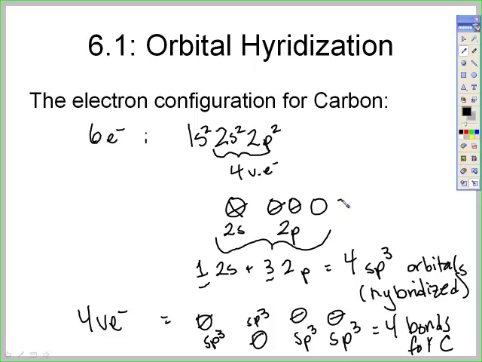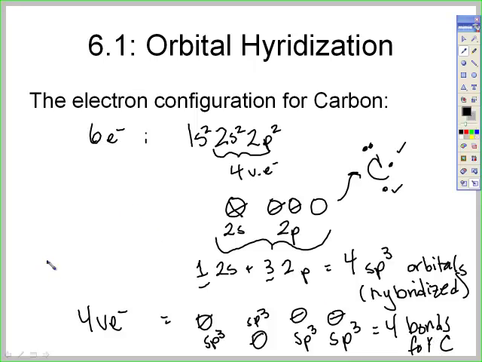In this situation, the way you would have drawn it is you would have had the 2s and then the 2p. So you would have only had 2 places really to bond because this would have been a lone pair. So this hybridization makes it much easier for carbon to make 4 bonds.